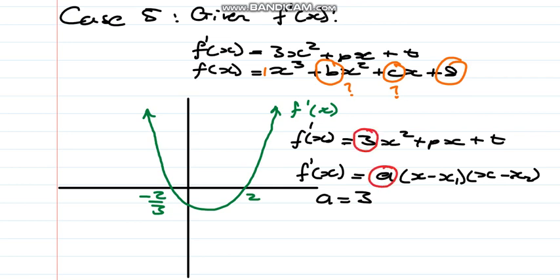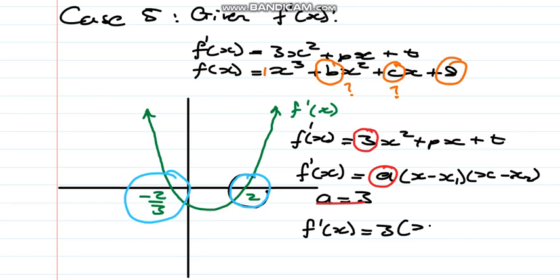This would be our first root, and this would be our second one. So we can then say f of x is equal to 3, times x minus 2 over 3, and then x minus 2, right?